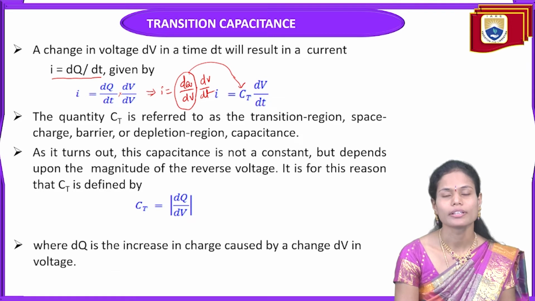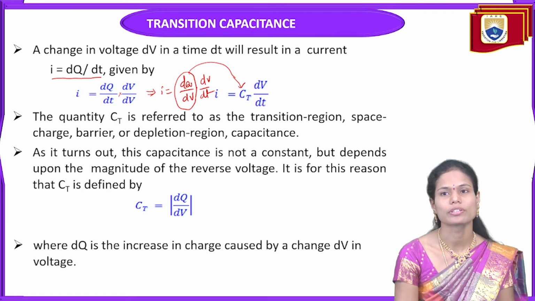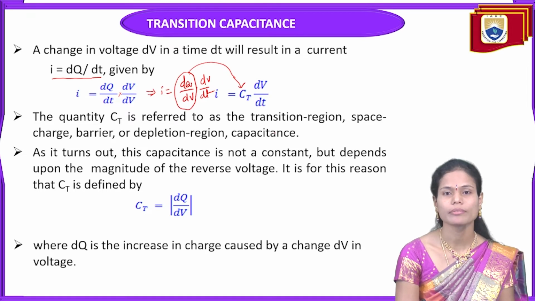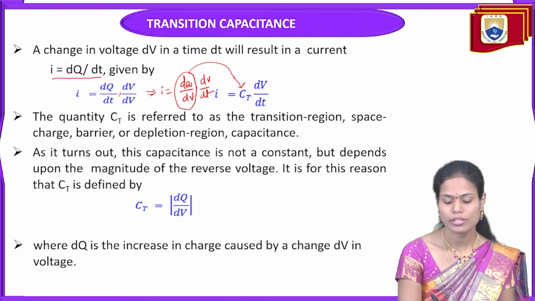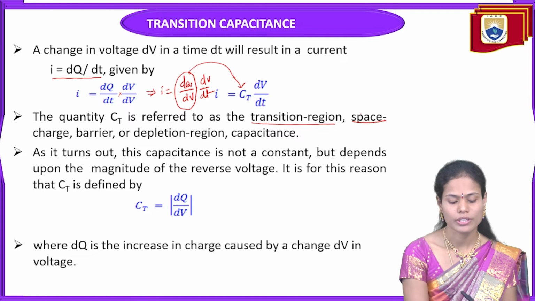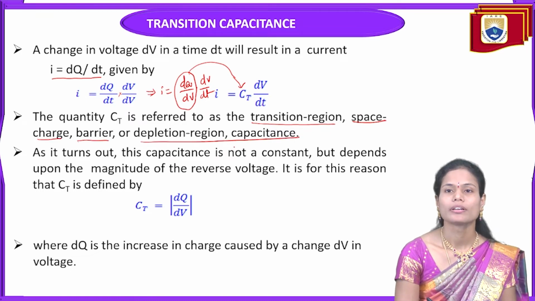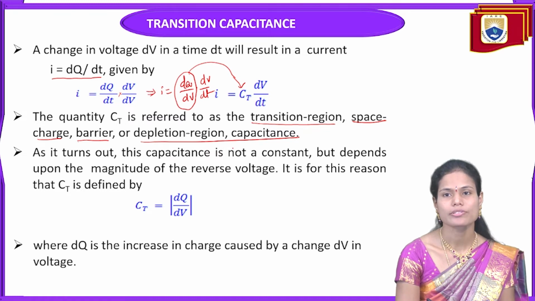So the quantity transition capacitance CT is referred to as the transition region, space charge region, barrier, depletion region, or capacitance of the diode. These are all different names for the depletion region capacitance, so we call it the transition capacitance or reverse biased capacitance.